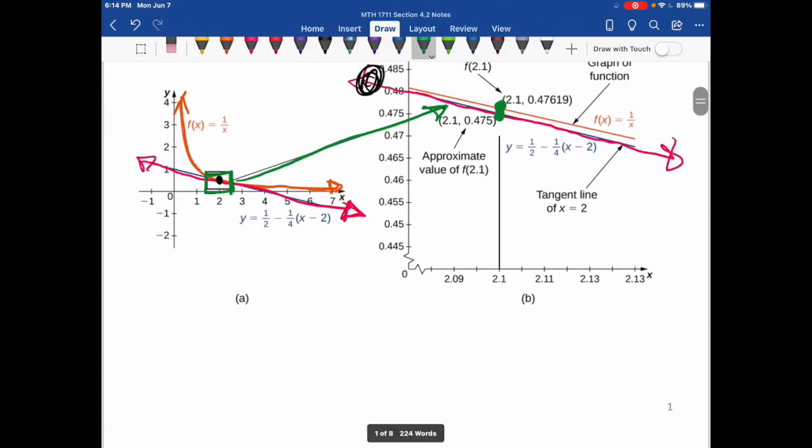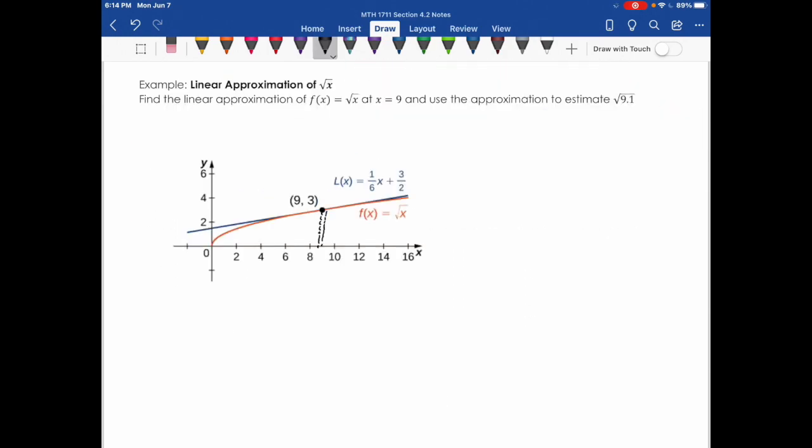hits that tangent line. So our first example that we're going to use to work through this, we are going to find the linear approximation of f of x is equal to square root of x at x equals 9.